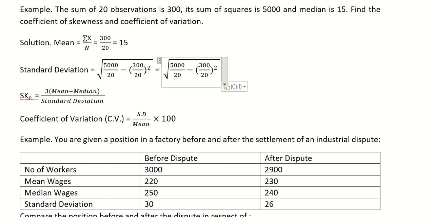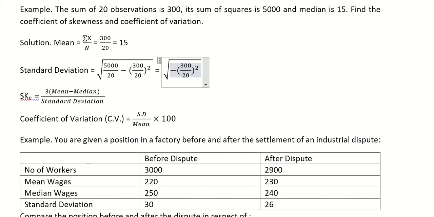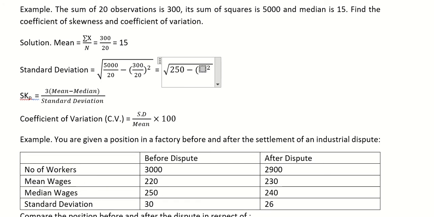So 5000 upon 20 is 250. 250 minus 300 upon 20 is 15. 15's square is 225. And once we minus it and calculate its square root, the answer would be 5. 250 minus 225 is 25 and 25 square root is 5. So standard deviation is 5.